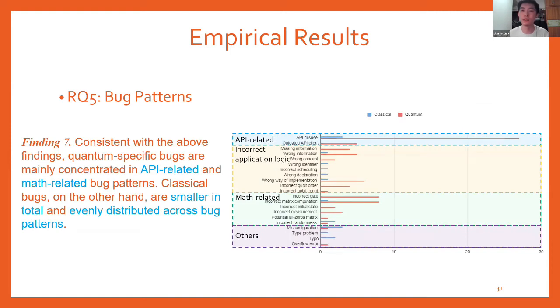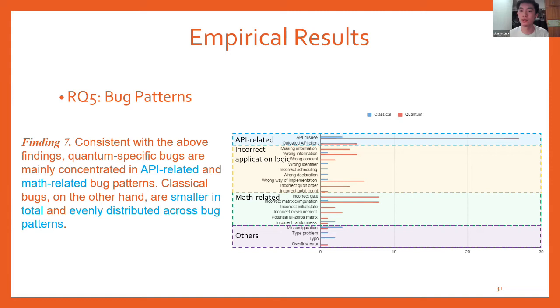Consistent with the above finding, quantum-specific bugs are mainly concentrated in API-related and math-related bug patterns. Classical bugs, on the other hand, are smaller in total and evenly distributed across bug patterns. This means that in the study of bug fixing in quantum programs, researchers still need to pay extensive attention to the bugs that occur in classical programs.